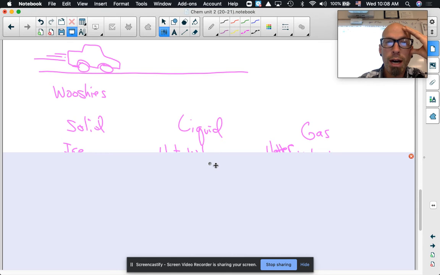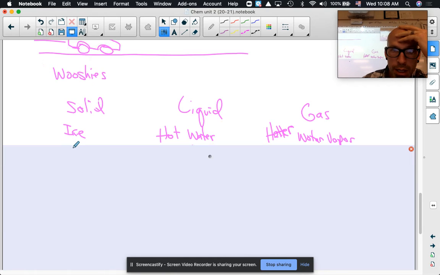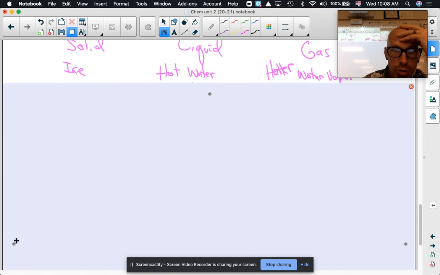Okay, so here's what I suggested. I said, if we want to draw water as a solid, as ice, how would we draw that as a particle diagram? So this is what I did. Hold on.